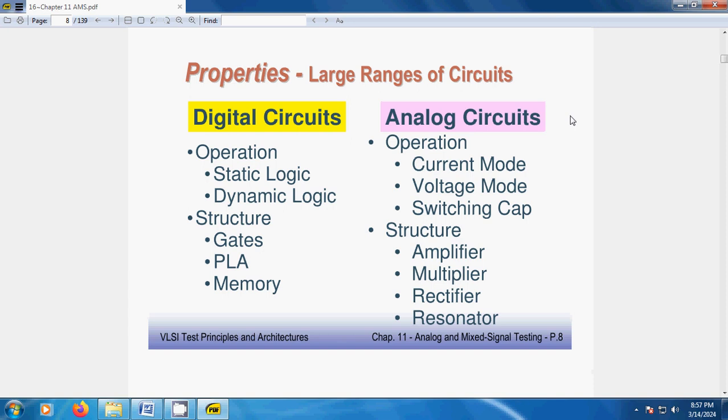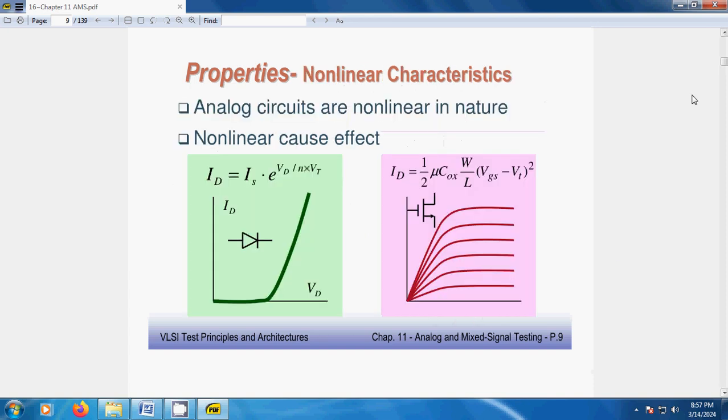So what is meant by non-linear characteristics? This is the one thing that causes a very major challenge for testing analog circuits. If you look at a diode, this is the VI characteristics, voltage to current.